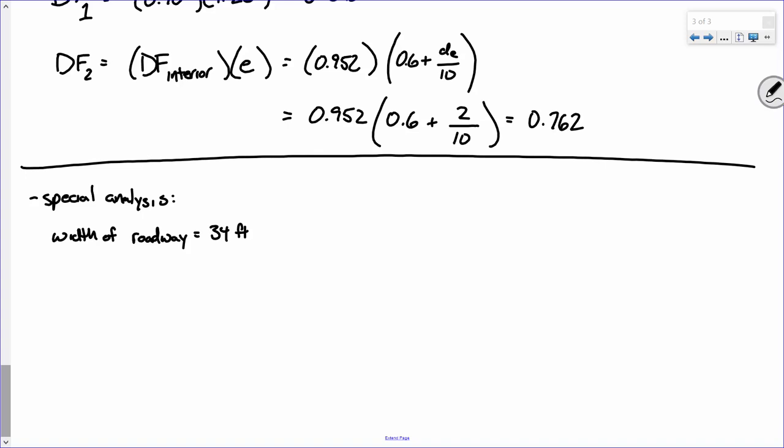Now, the width of a design lane is 12 feet. So if I take 34 feet over 12 feet, that's what?